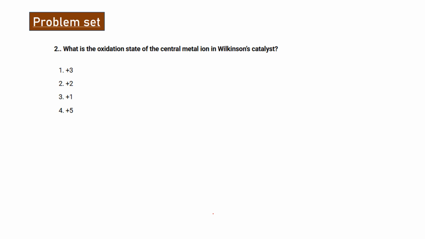Okay, so let's solve some questions based on that. So the first is, what is the oxidation state of the central metal ion in Wilkinson catalyst? Which is the metal ion in Wilkinson catalyst? Obviously this is rhodium. So what will be the oxidation state of this rhodium? So let's first draw the Wilkinson catalyst.